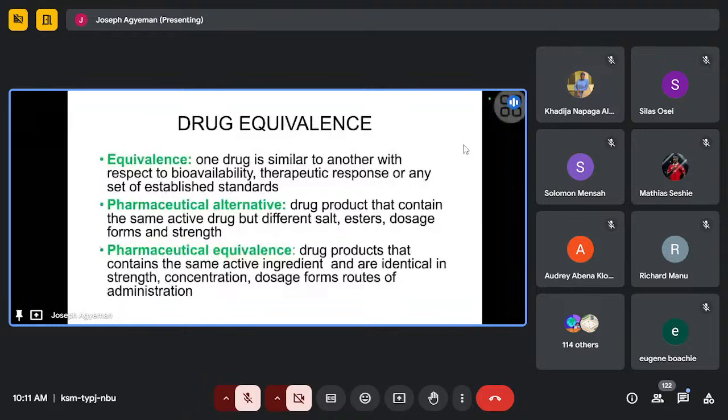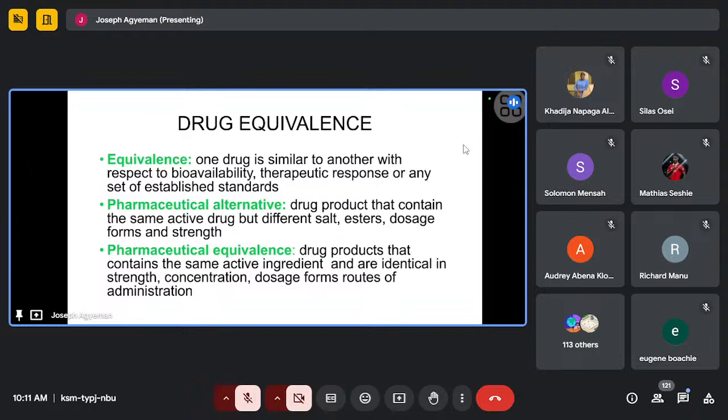So you administer drug A, you administer drug B. At the end of the day, you have one of them 95%, the other 97%. Since both are within the range, the set standard, you can confidently say that in terms of bioavailability, drug A and B are what? Equivalent when it comes to bioavailability.